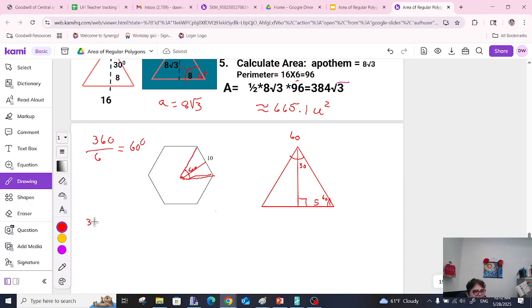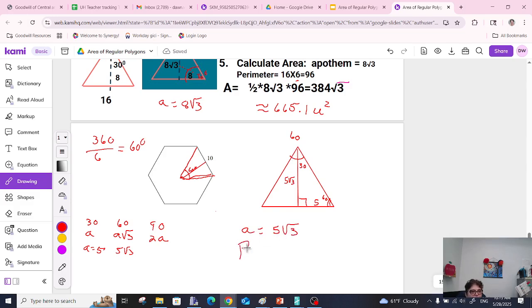And according to our 30, 60, 90, we have a, a square root 3, 2a. And across from the 30, a is given, that's 5. So what is the apothem going to be? 5, yep, 5 times square root 3. I don't care what this side is. I only care about the apothem. So apothem is 5 square root 3.